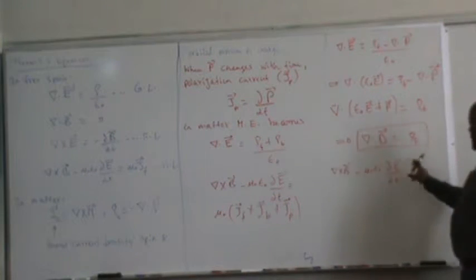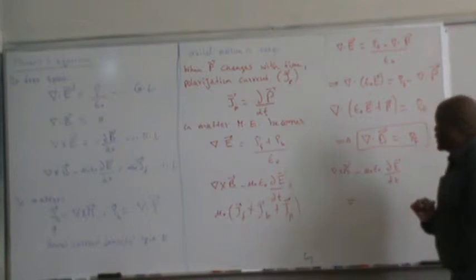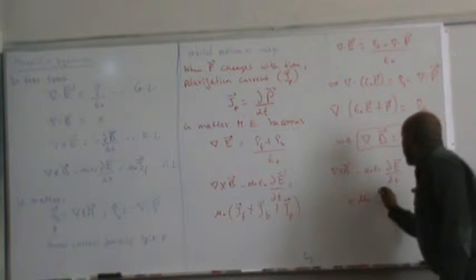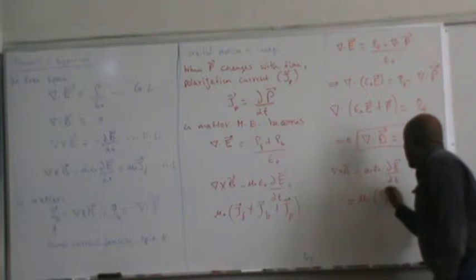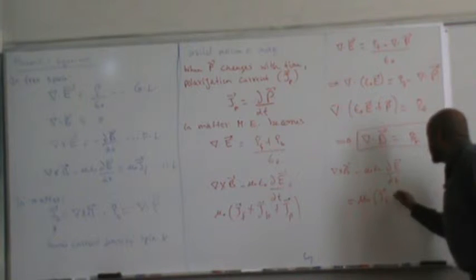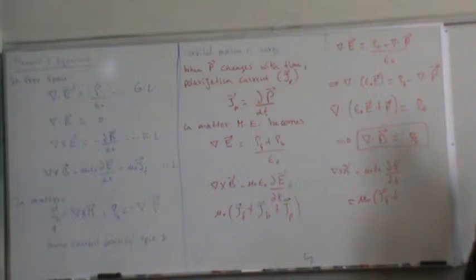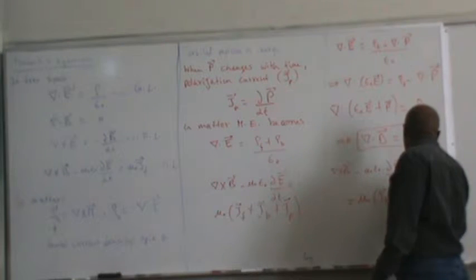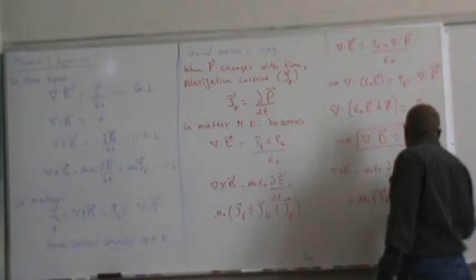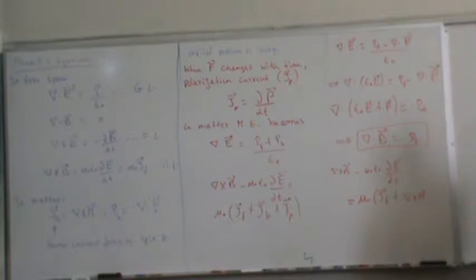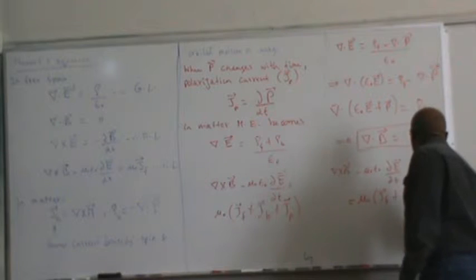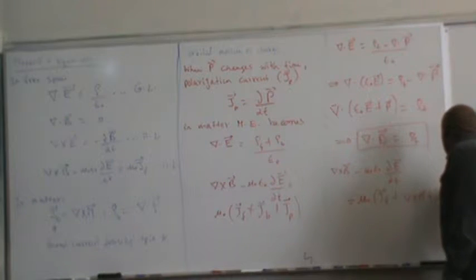All right, so this becomes mu naught J free plus J bound, which is going to be curl of M, and J P, that's going to be plus a time derivative of the polarization P with respect to t.